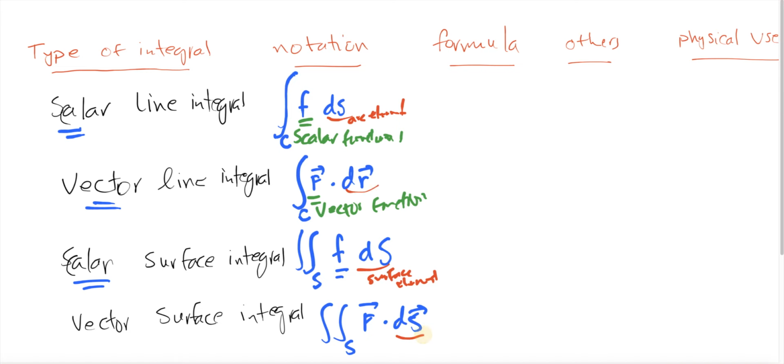They become the vector arc element dr and the vector surface element dS with a vector on top.